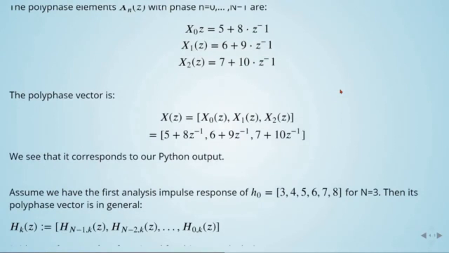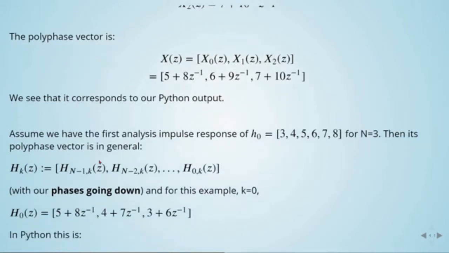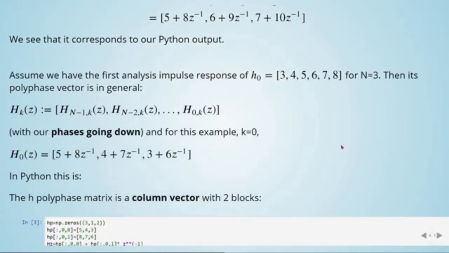Assume we have the first analysis impulse response given by h of 0 is 3, 4, 5, 6, 7, and 8, and for n equals 3, its polyphase vector is in general given here with our phases going down. For this example, we'll take subband k equals 0, and then we have this definition here. In Python, again, we can calculate this.